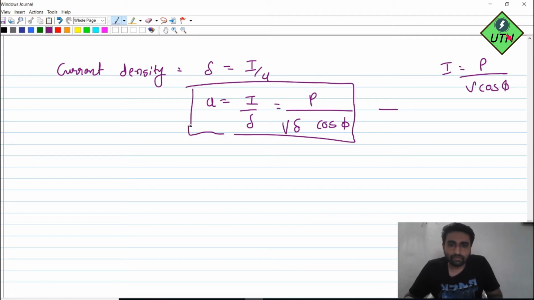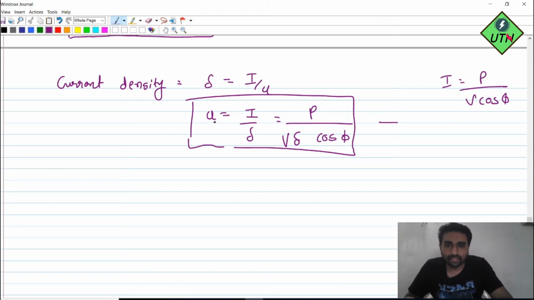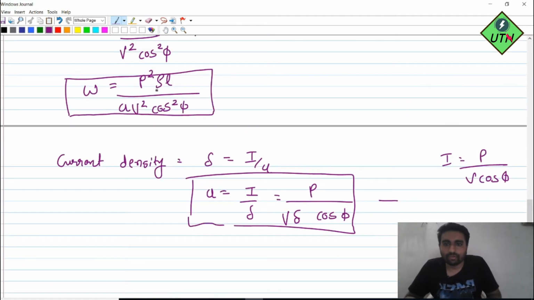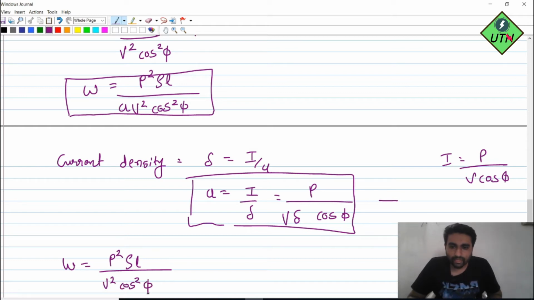And now if we put this value of A into our previous equation that we have for W, that is power loss, so we can say that W is going to be P square rho L divided by V square cos square phi, and in place of A we are going to put P divided by V delta cos phi.